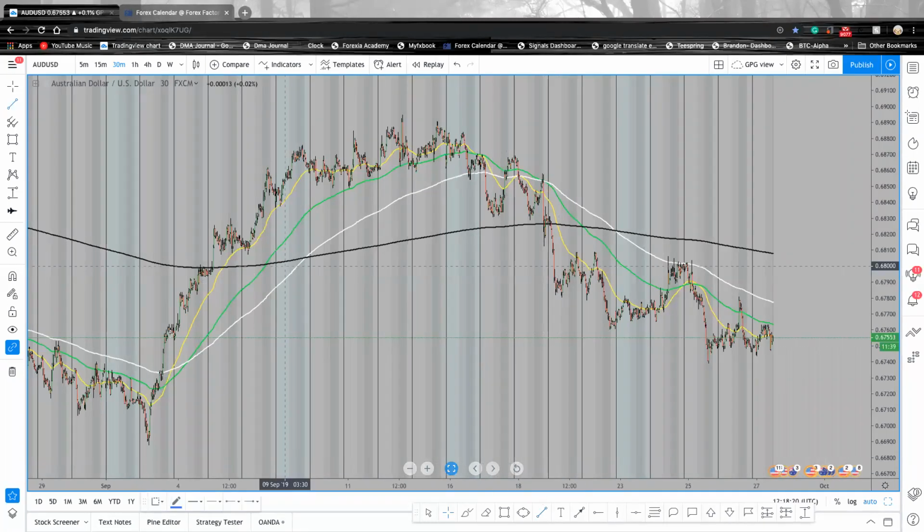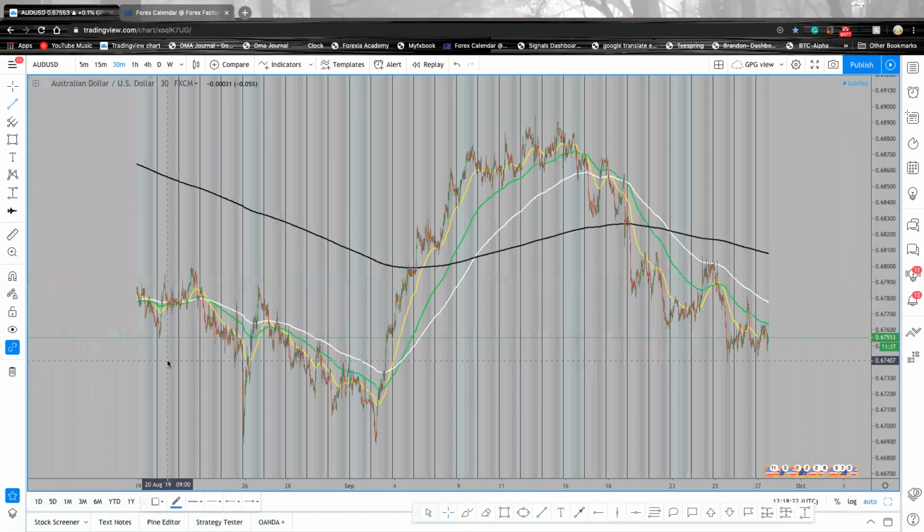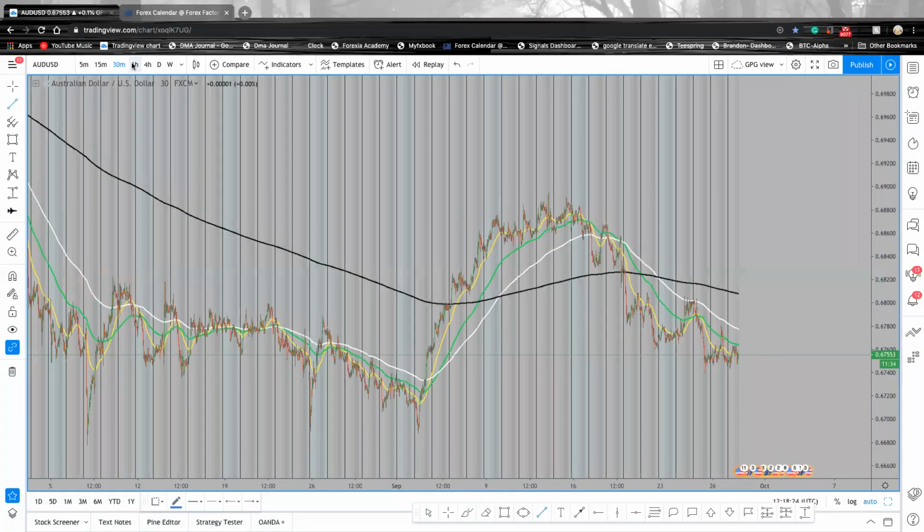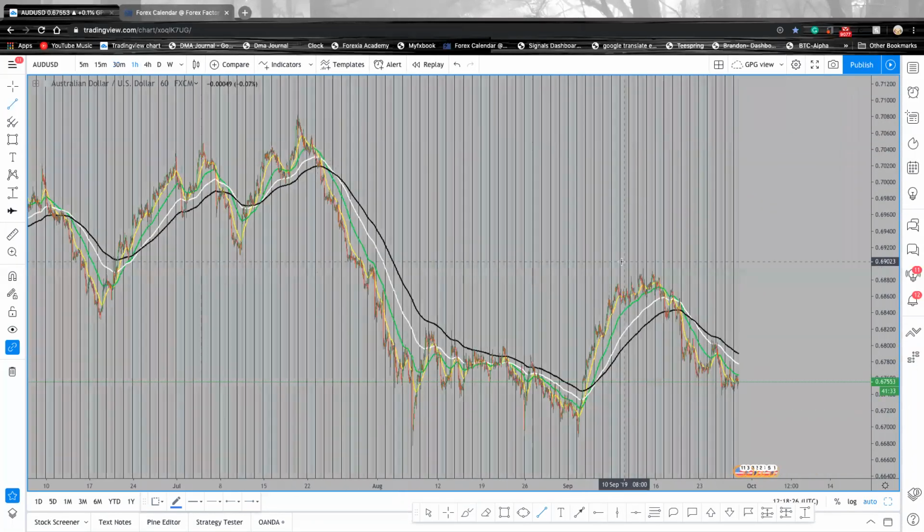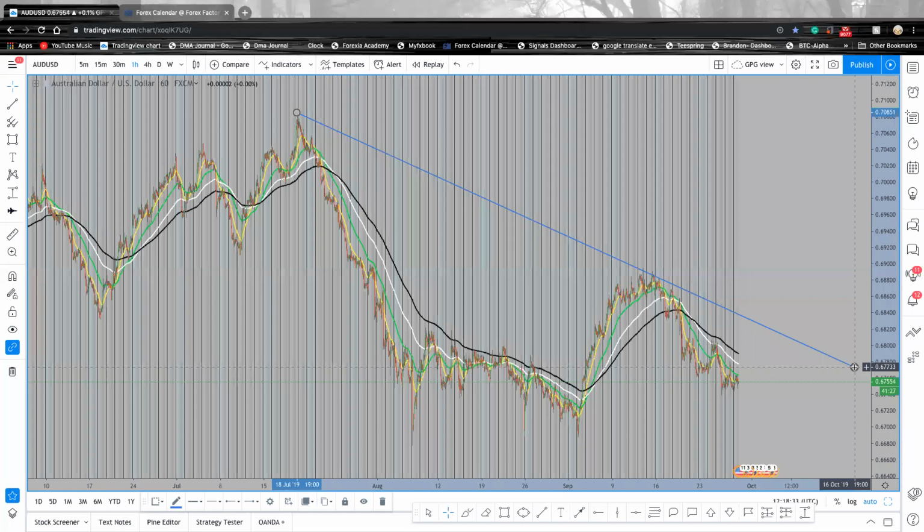Okay. So overall trend, super overall trend, it's down. You can see from all the way up there to here, or even here. Yep, that's better.